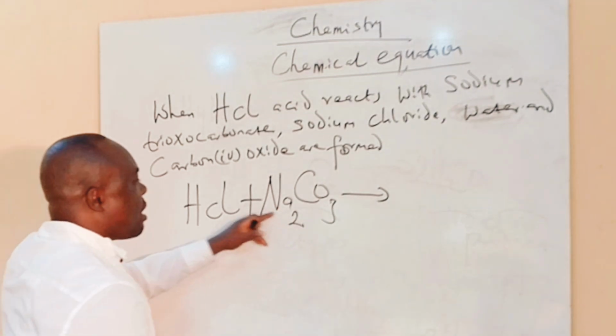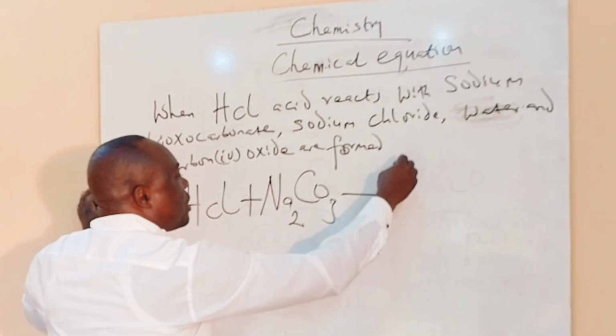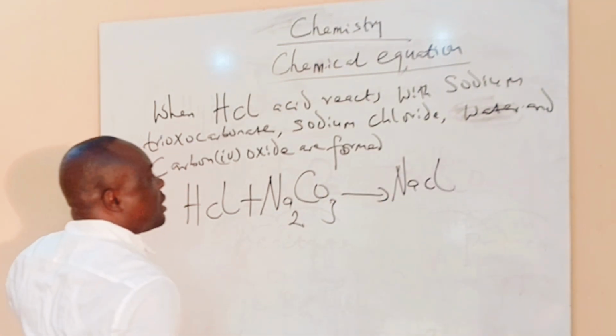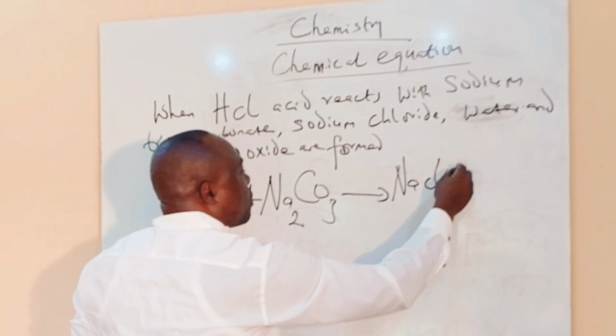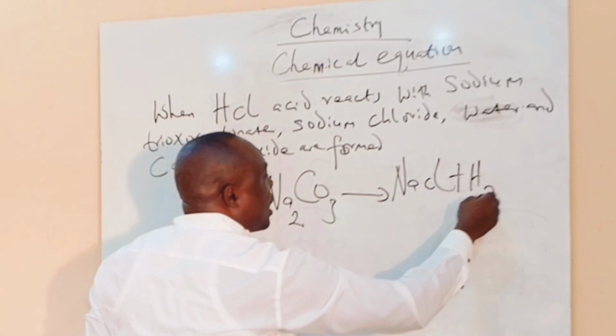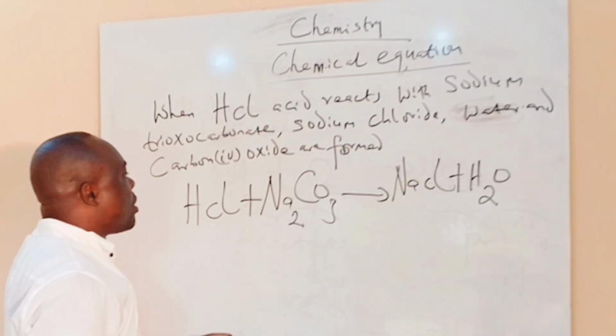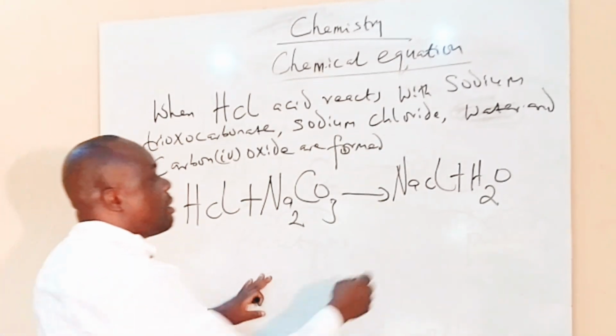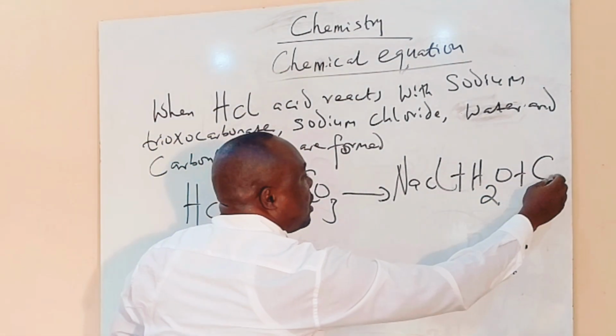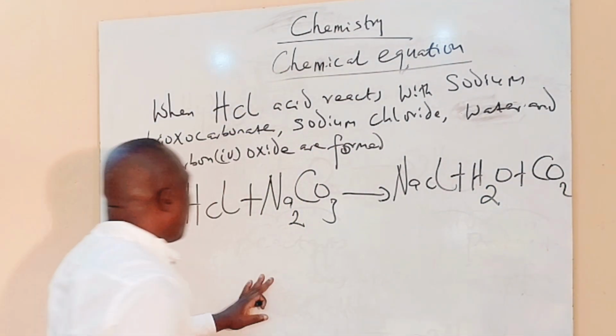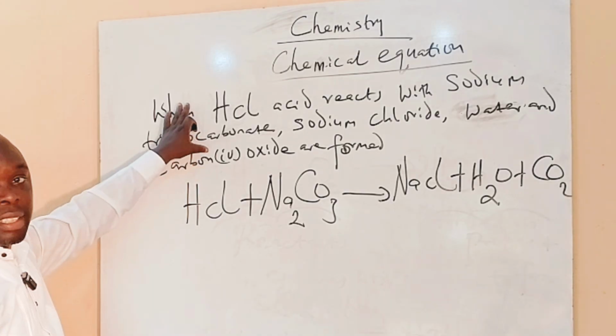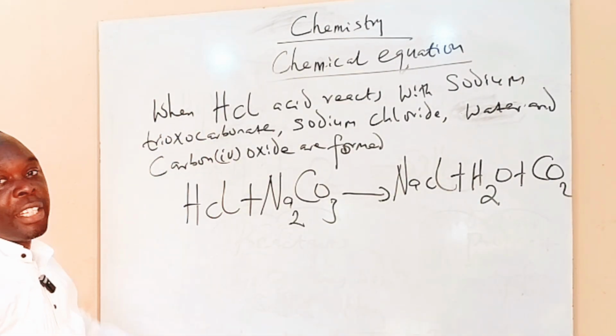So we form this now. This is sodium chloride. He said plus water. That water is also formed. Water. Then plus carbon dioxide, CO2. We have changed this statement into a chemical equation.